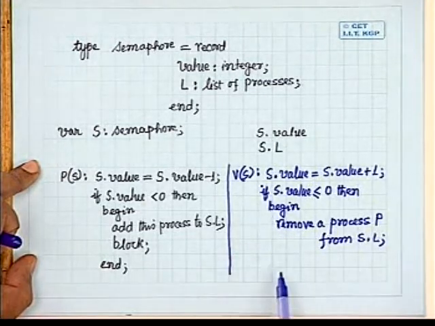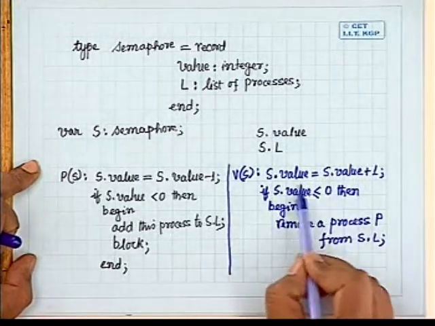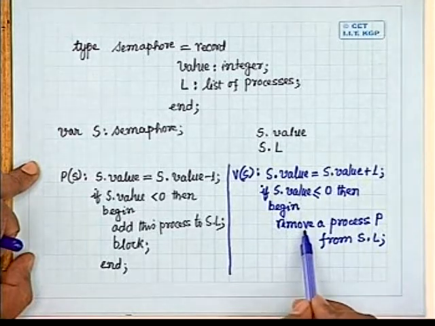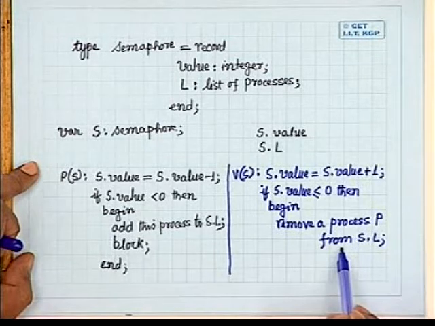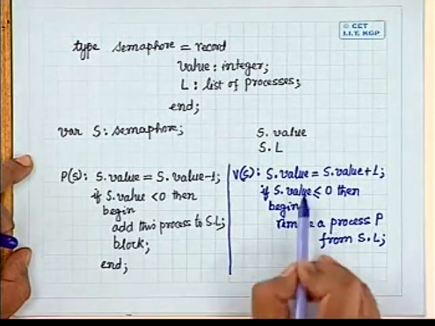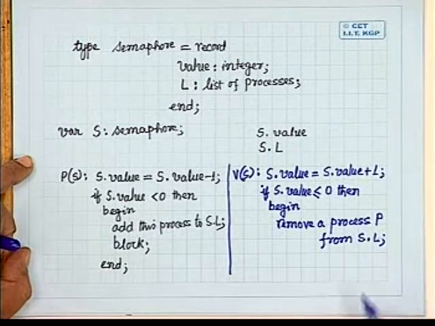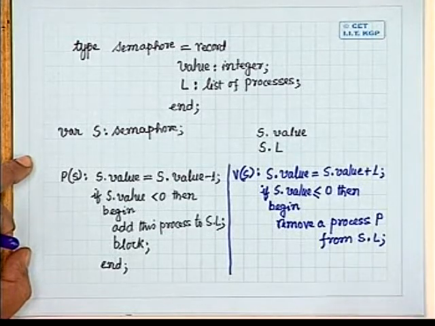So while performing VS, firstly it has to increment the value by 1. After that, it will remove one process from the list of processes waiting on semaphore variable s. This may depend upon whichever is at the head of the list.